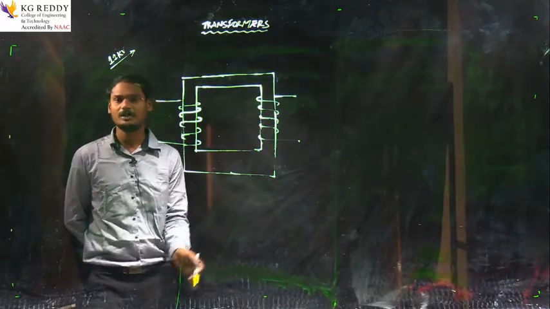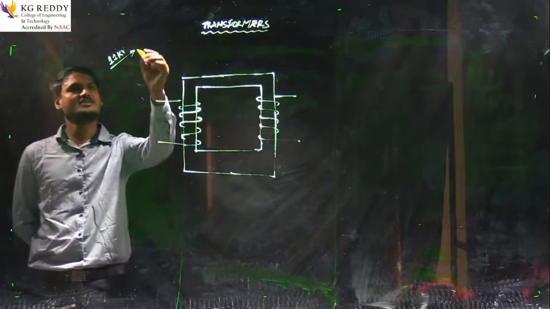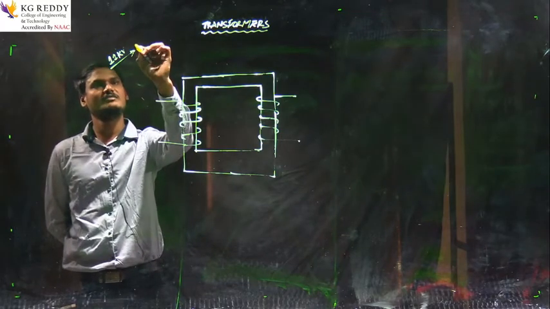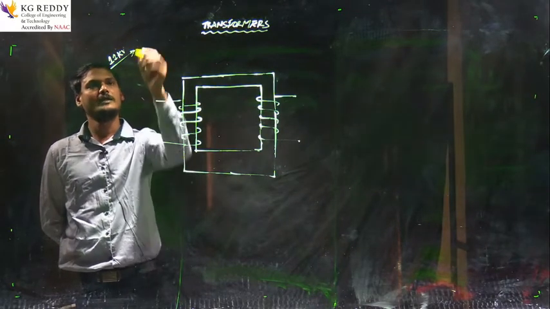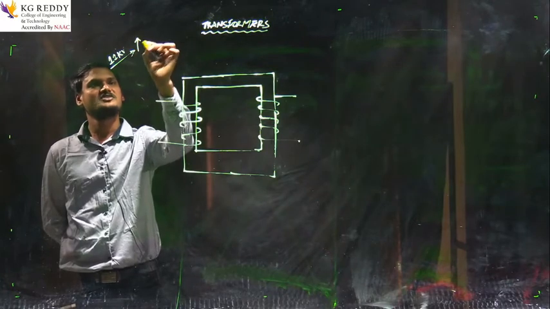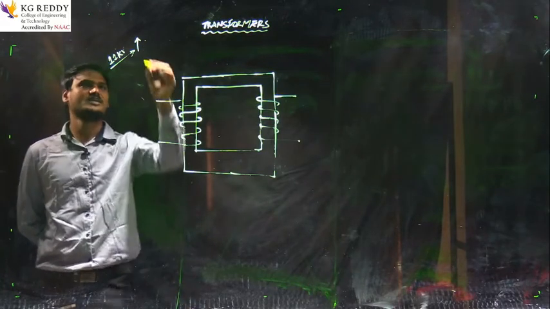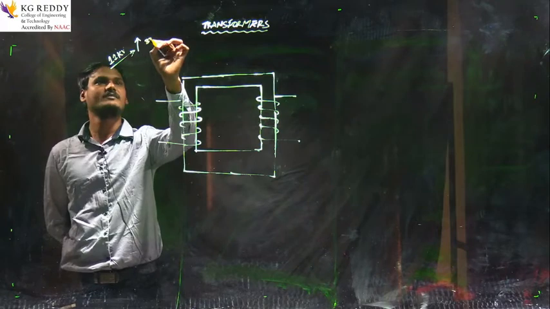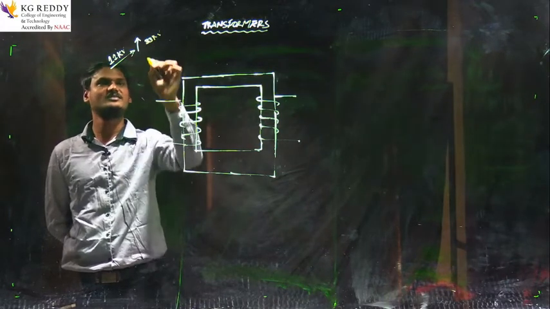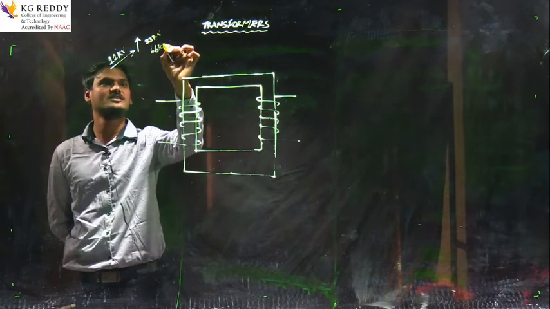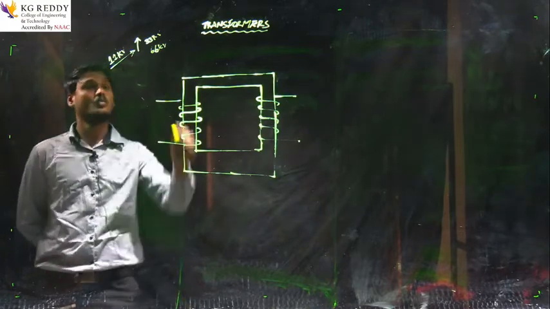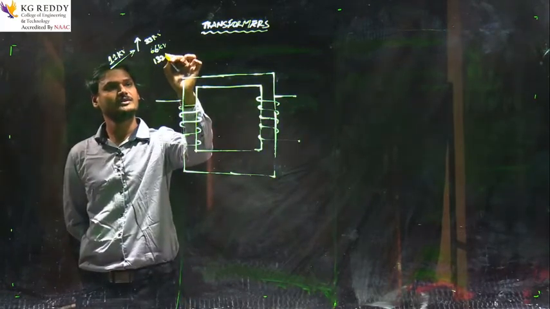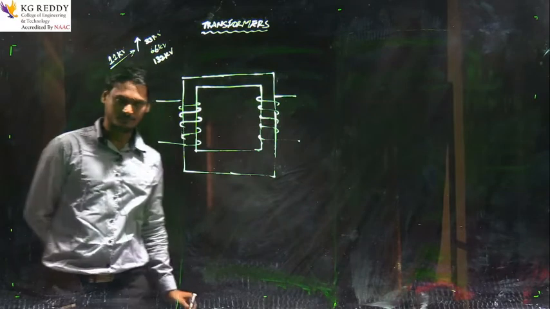Apart from that, in the generating station, the 11 kV will be stepped up using the transformers. That will be 33 kV, or it may be 66, or it may be 132 kV by using the step up transformer, right?